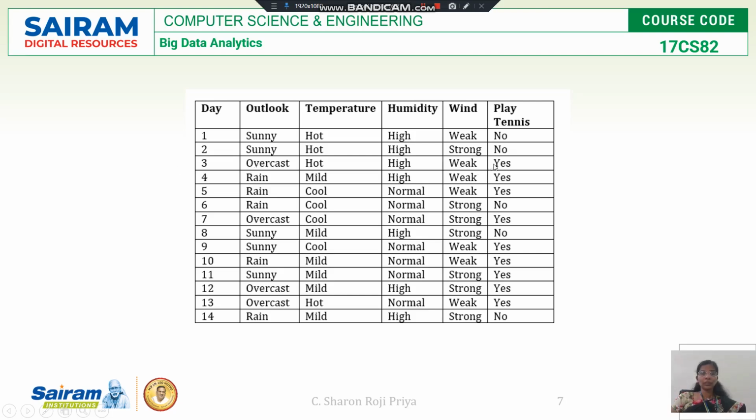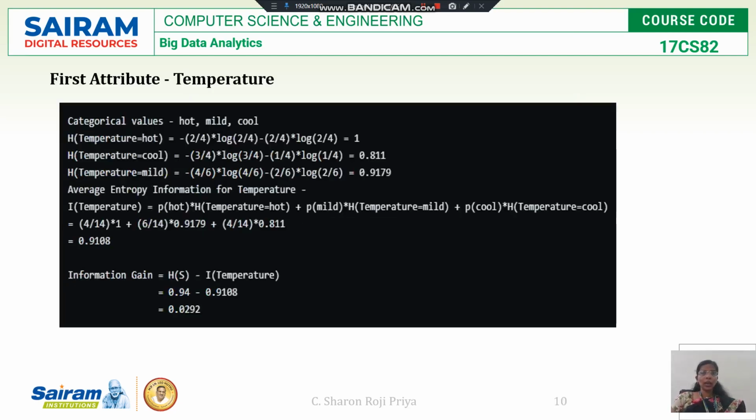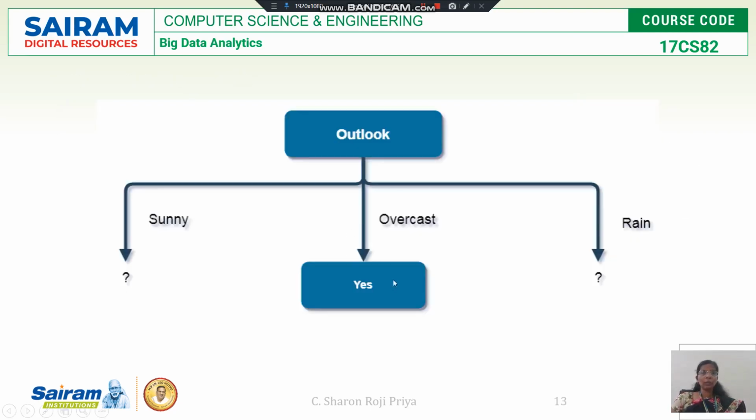Then you check the overcast. Overcast, first instance is positive, second positive, third positive and fourth positive. So you have 4 overcast instances, all 4 are positive. Since there are no negative samples, it is very clear all the overcast are positive, and in your decision tree you can mark the label for this overcast. What is the label for this overcast?